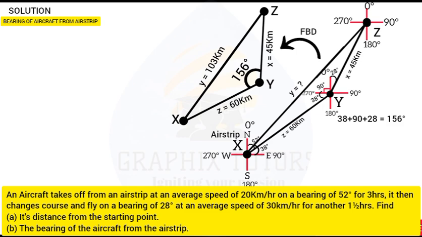So we want to look for the bearing. Now, looking for the bearing in this case, we are going to make use of the sine rule. Since the variables given on this diagram are X, Y, and Z, we're using capital letters Z, X, and Y for the angles, while we're using small letters x, y, and z for the distances, as you can see on the screen.